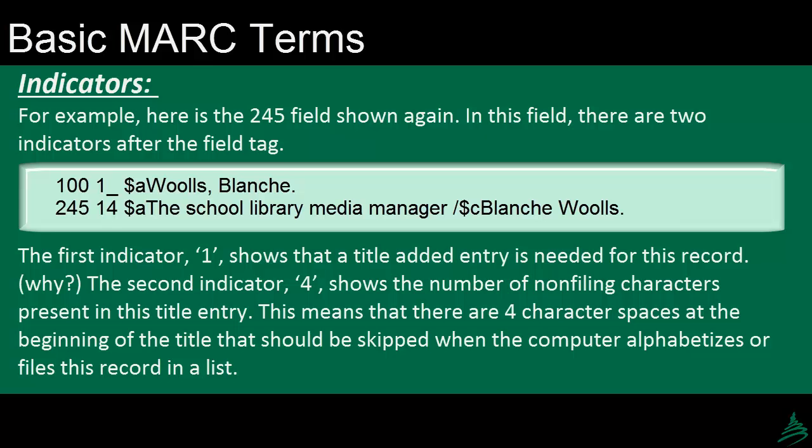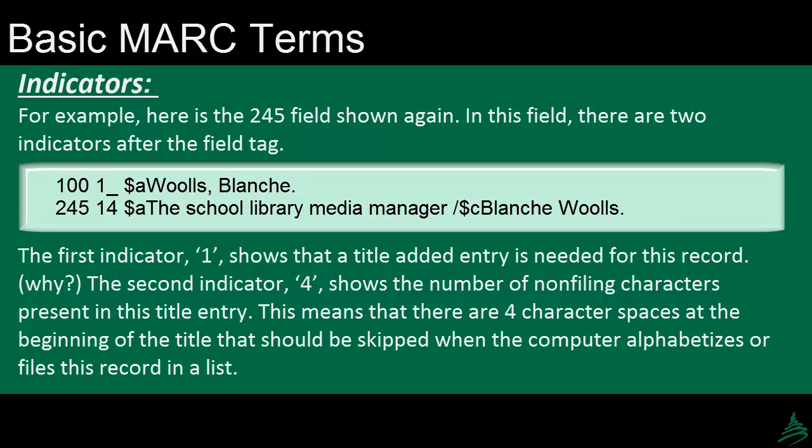And that's why the word was cut in half, is that they told the computer to do that. So if you don't have an article at the beginning of your title, you want to make sure that it's a 0.